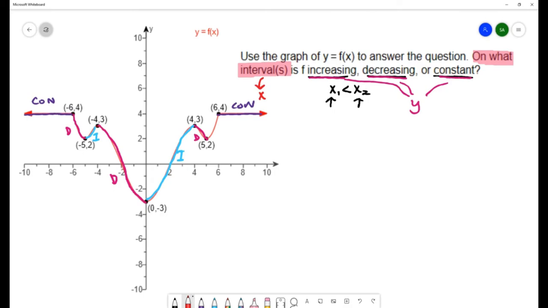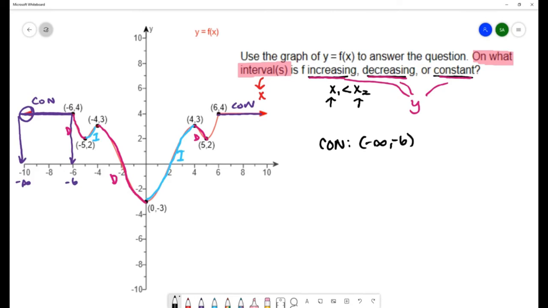So when I look at those x intervals, I'm imagining this line being projected down onto the x-axis, and where is that interval starting and stopping? Because of this arrow, it's starting at negative infinity and stopping at an x of negative 6. So we have an interval of constant which goes from negative infinity to negative 6.